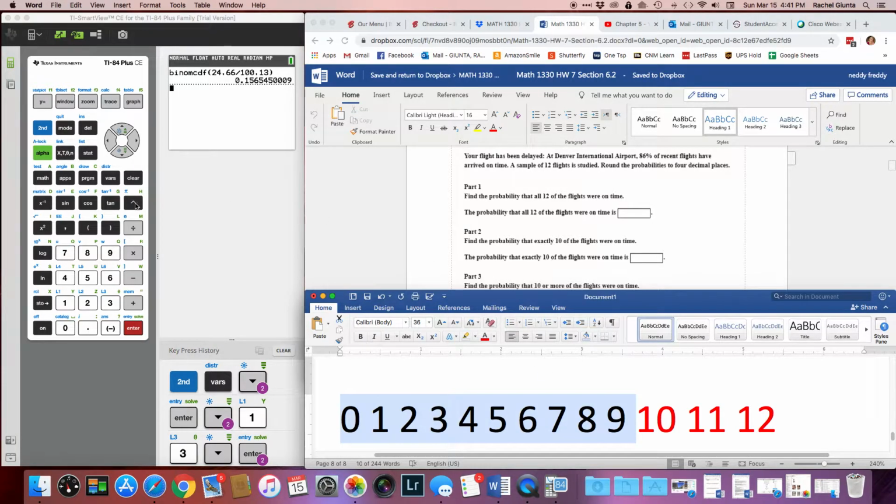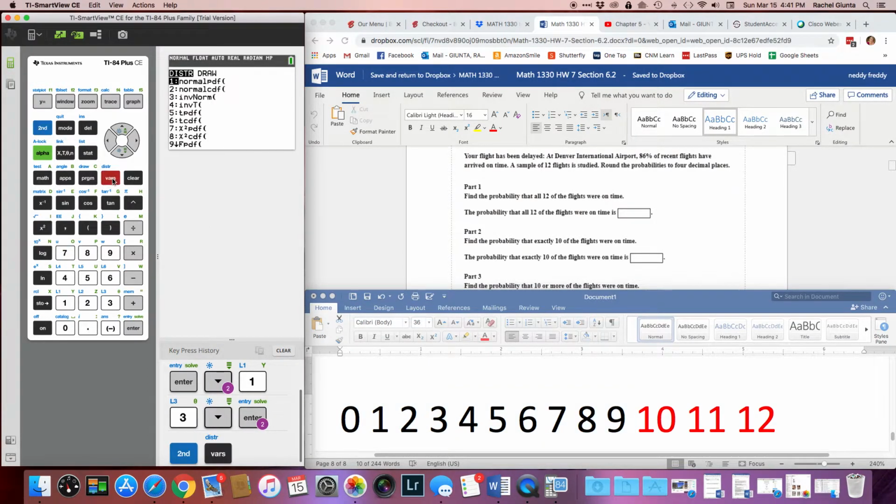And we do that the same way as we've been doing it. Second Vars, binomial CDF, because we want a range of numbers. Our trials is 12. Our p-value is 86 divided by 100, or 0.86, whichever way you want to put it in there.